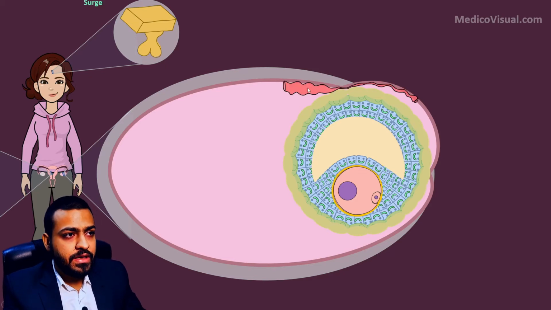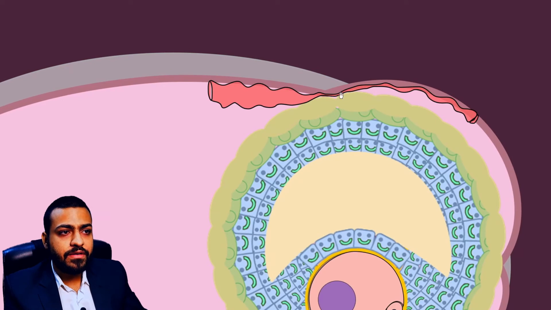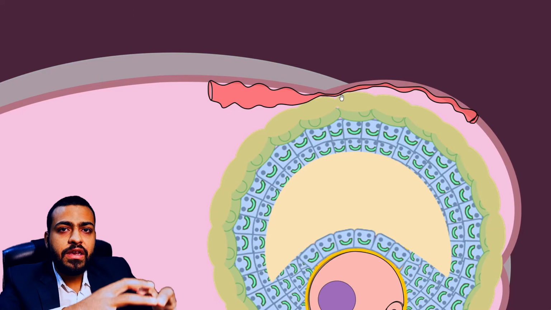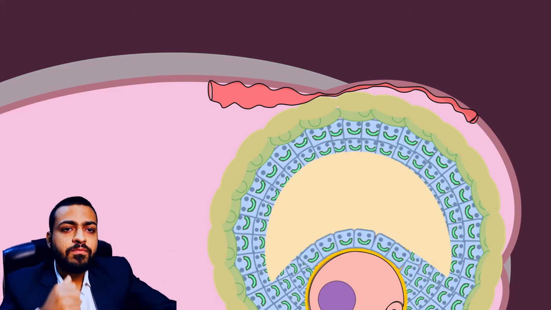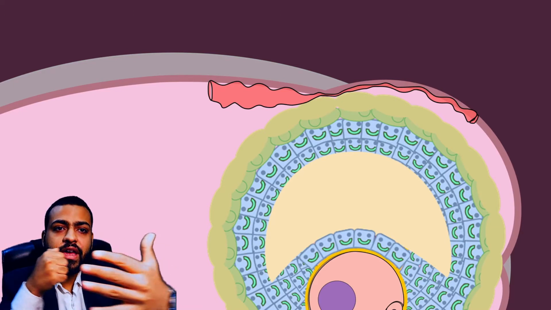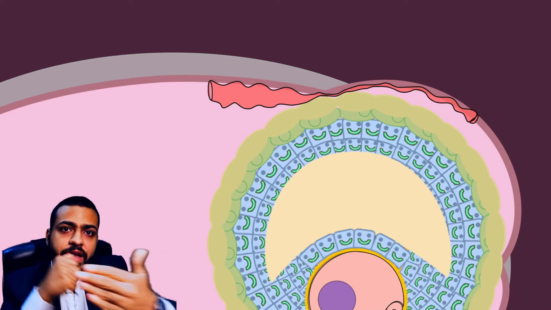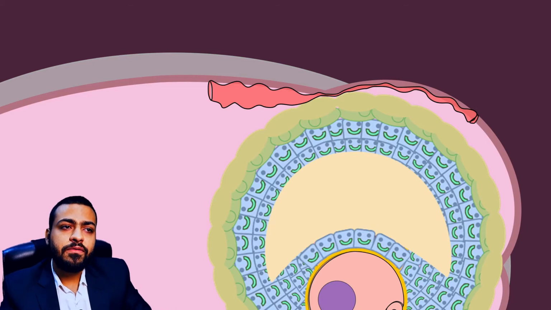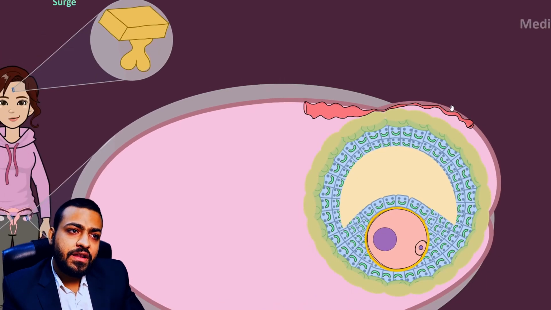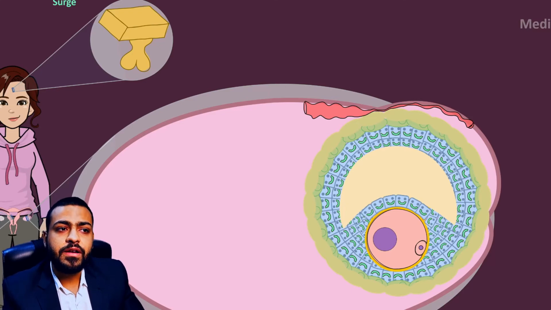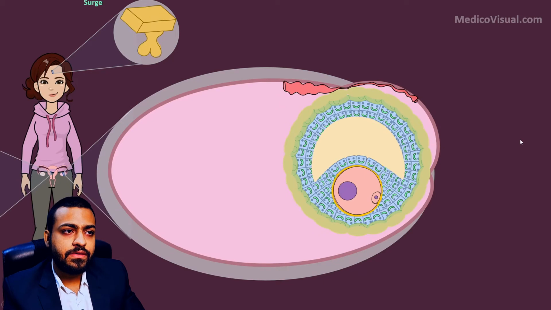So of course this wall has its blood vasculature as well, but this very large follicle is mechanically pushing against the wall, and this increased mechanical pressure will physically compress the blood vessels of this wall, and this wall of the stigma will weaken due to ischemic damage.